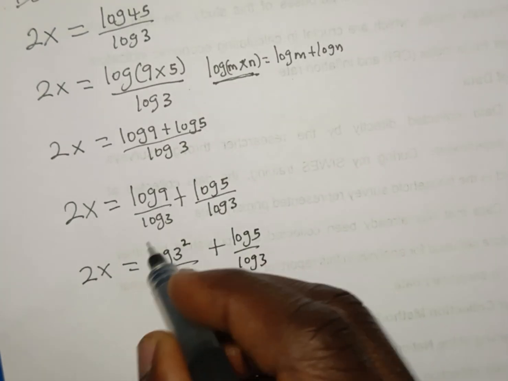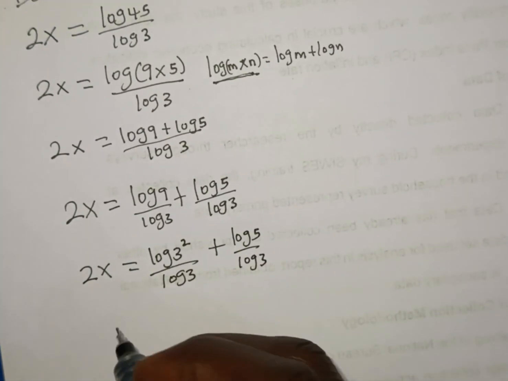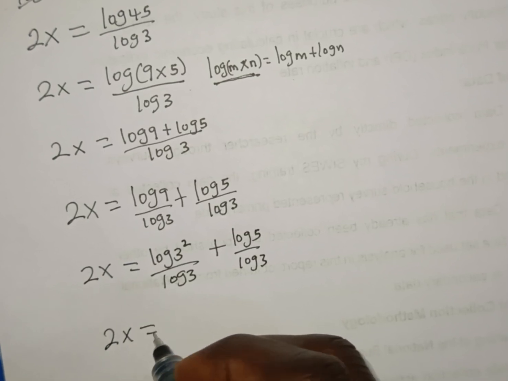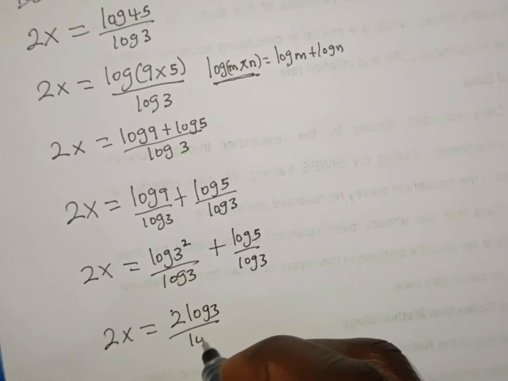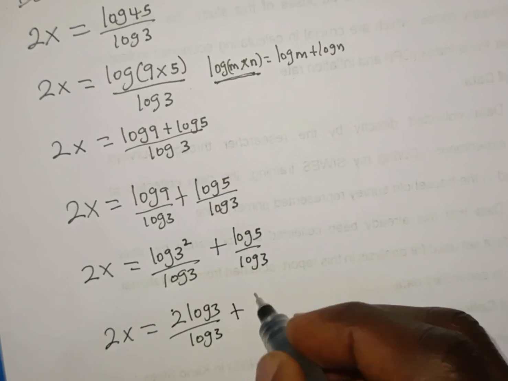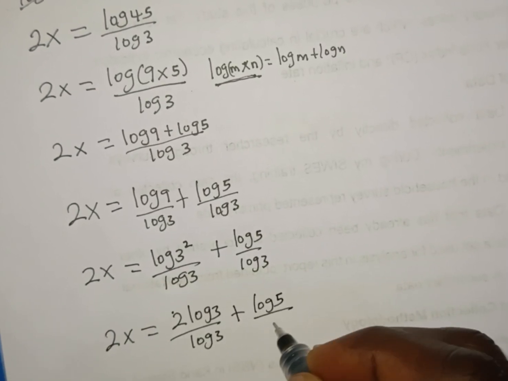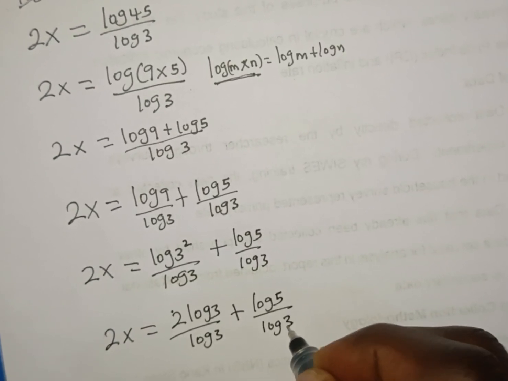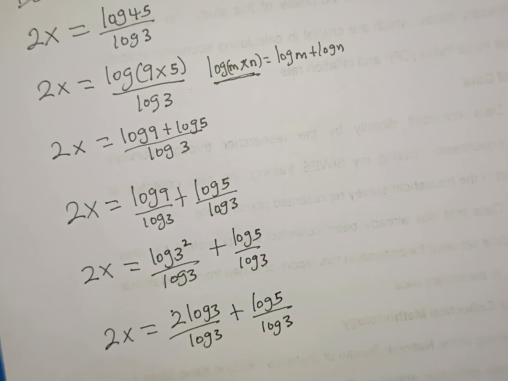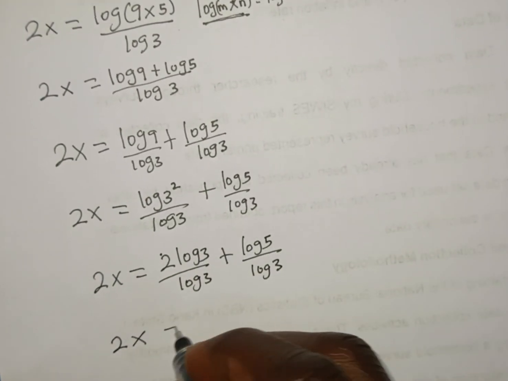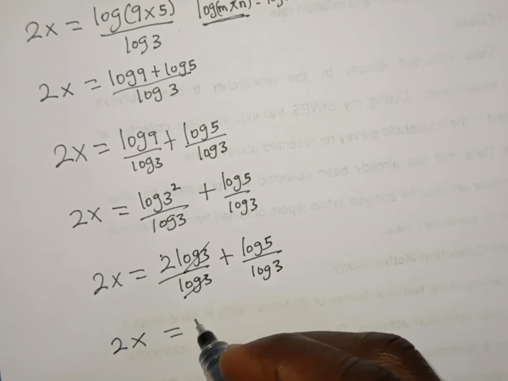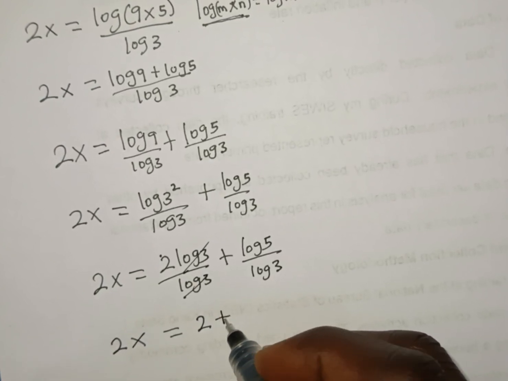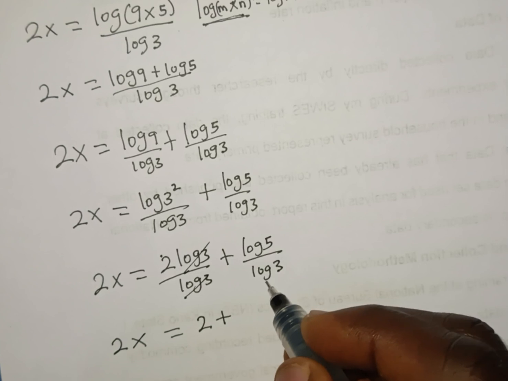This power 2 here is going to go back to multiply log 3. So we're going to have 2x to be equal to 2 log of 3 over log of 3, then plus log of 5 over log of 3. So we have 2x to be equal to, this log 3 is going to cancel this log 3. So here we are left with only 2, then plus log 5 over log 3.